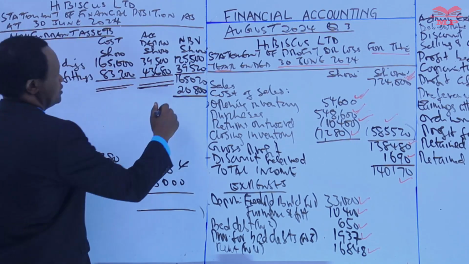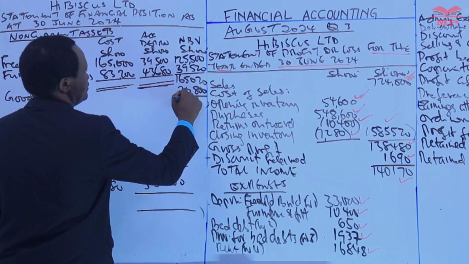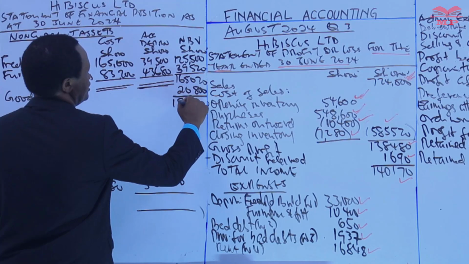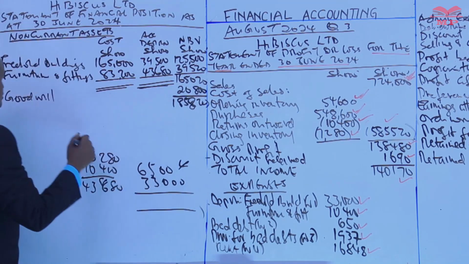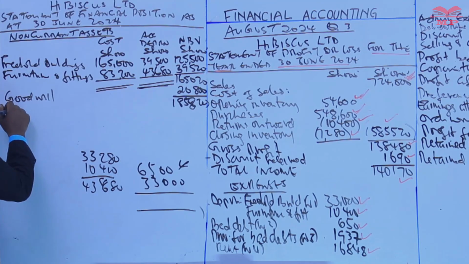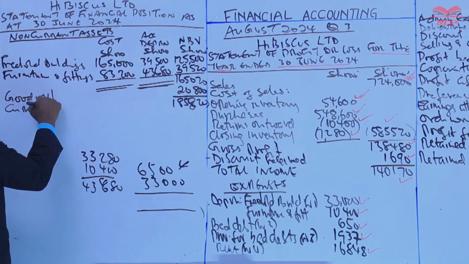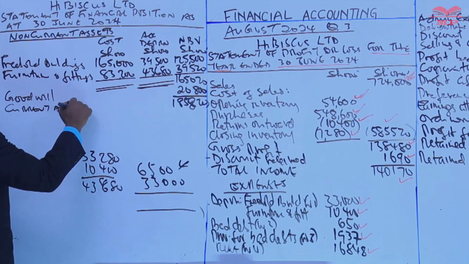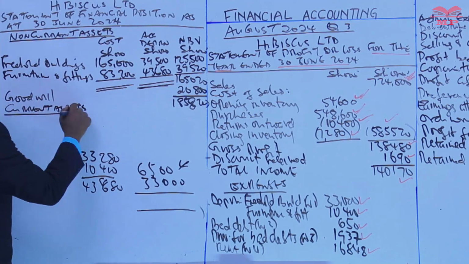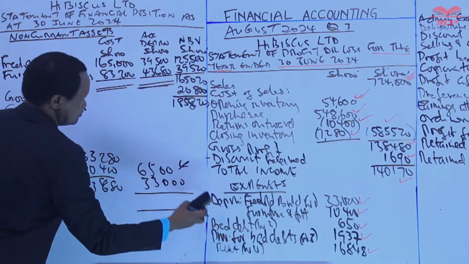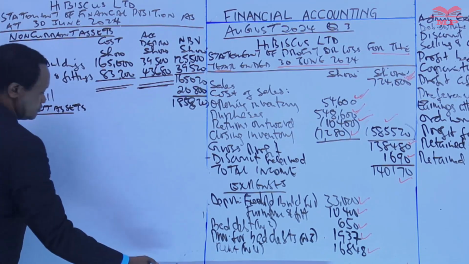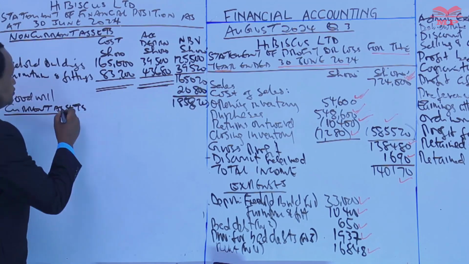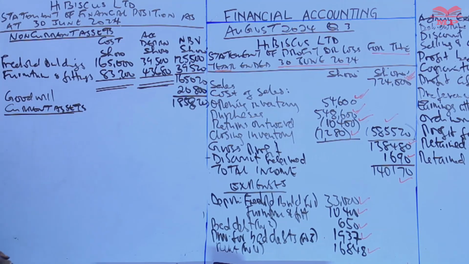Is it 185,820? So then we add the current assets.